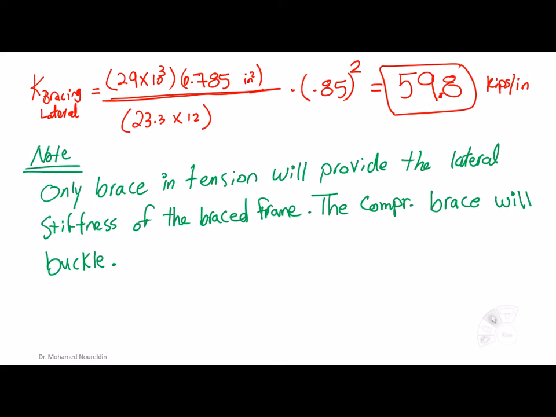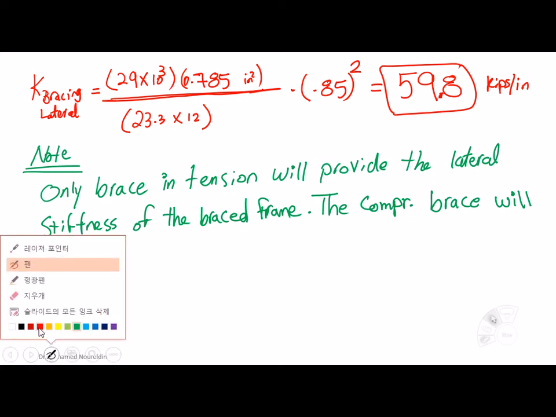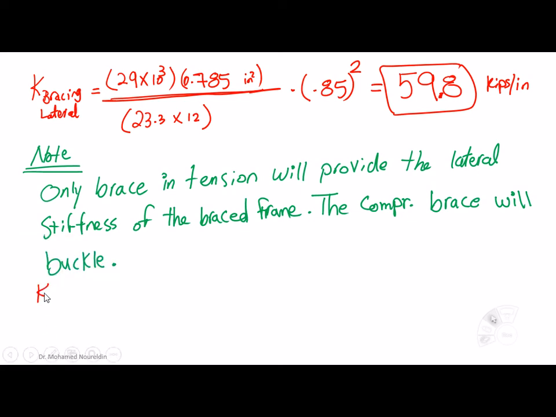Based on this, if we have this 59.8 for our system, we can say now K of the whole system in the east-west direction is going to be, how many bracings do we have? Actually, we have two bracings. If we go back, we have one bracing here and another bracing here, right?